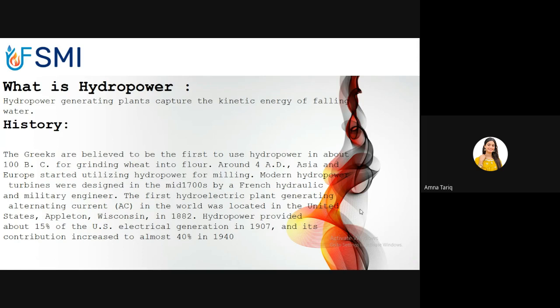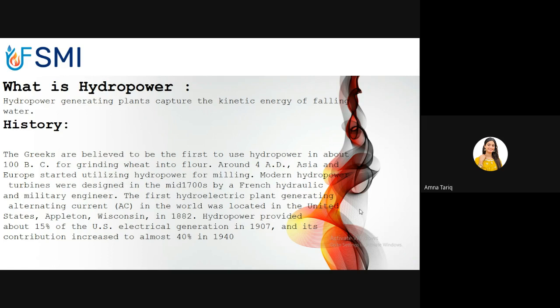Okay, so this is the working process of wind energy and power energy. We have already discussed it in the previous lecture. So the main topic related to renewable energy today is hydropower.